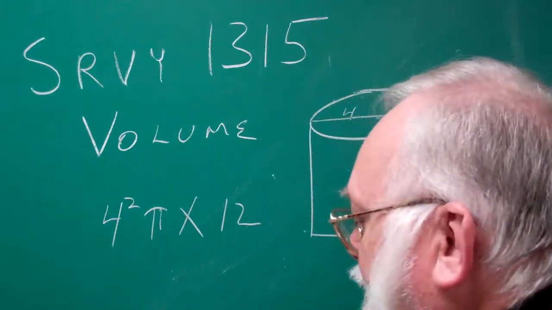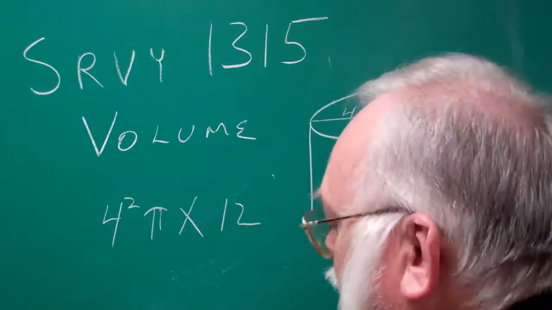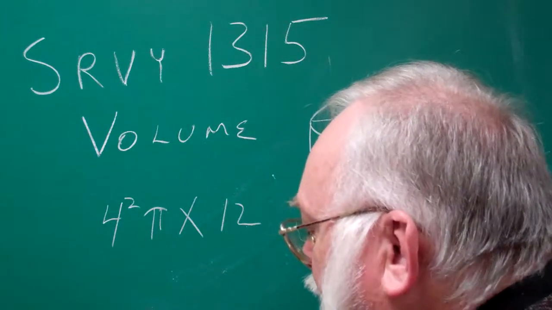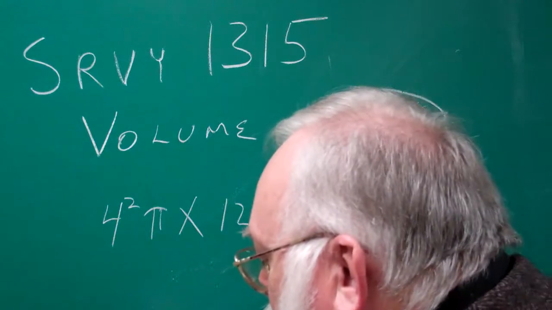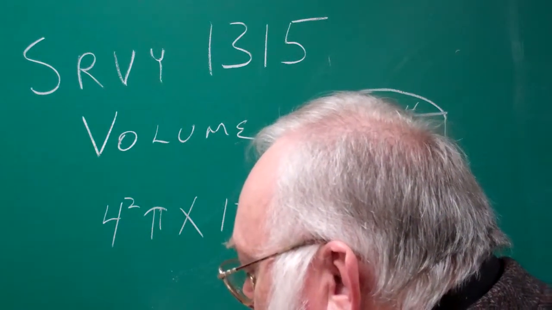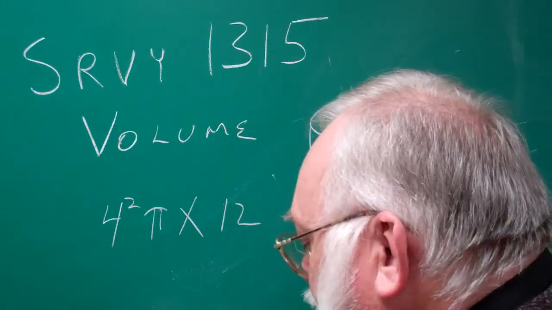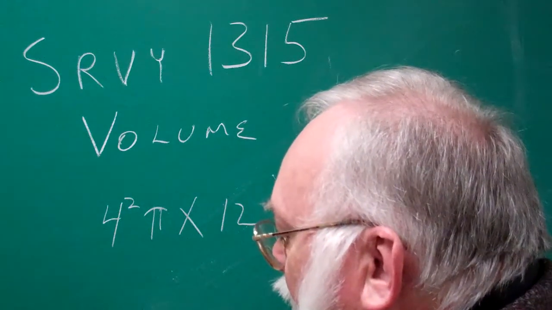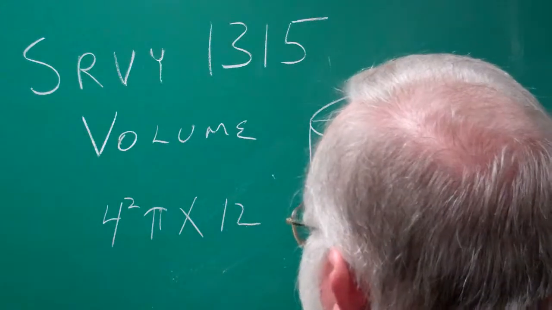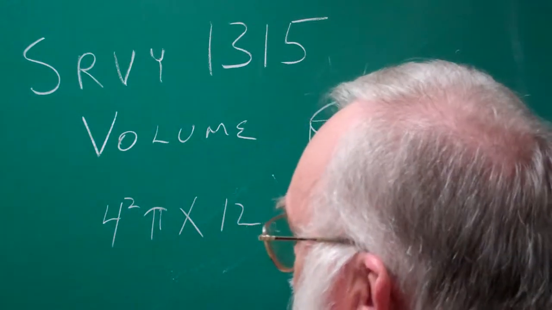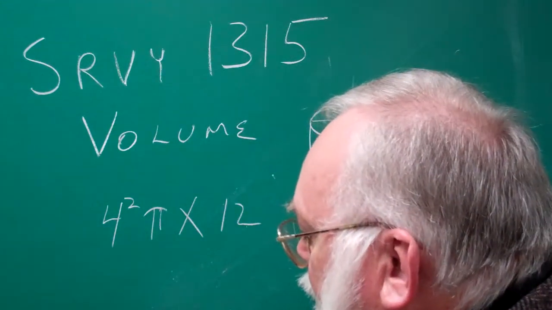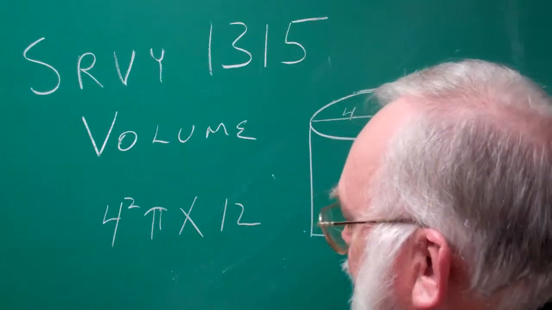So that's 16 times pi times 12 equals 603 cubic feet. And how many gallons is that?